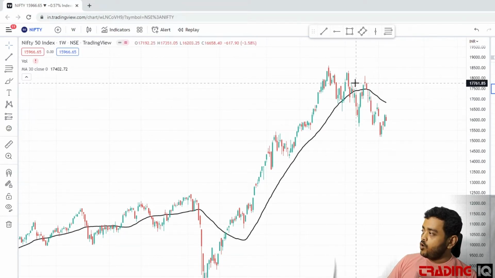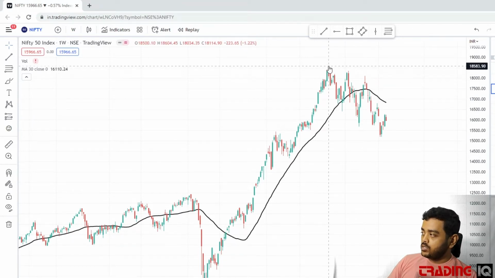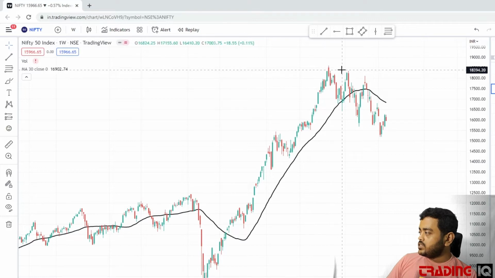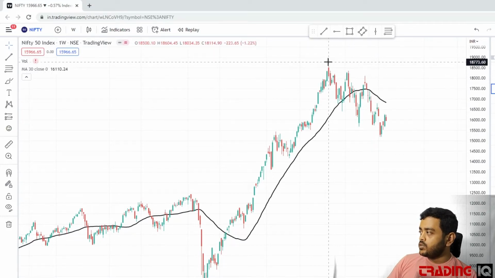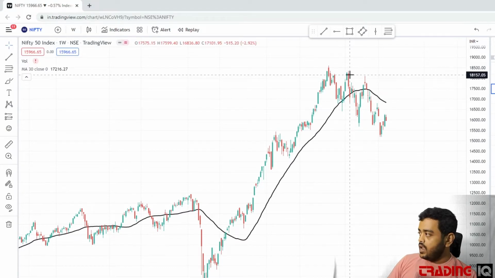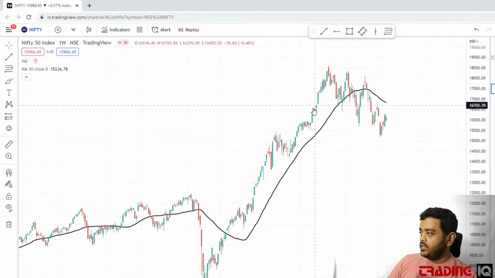Now, from October last year, it saw the peak at 18,500 and around 18,600, and since then it's going downwards, right? It formed lower highs and lower lows, as you can see.